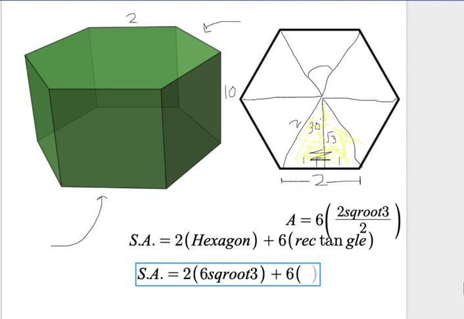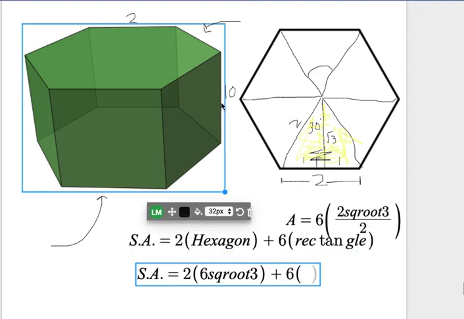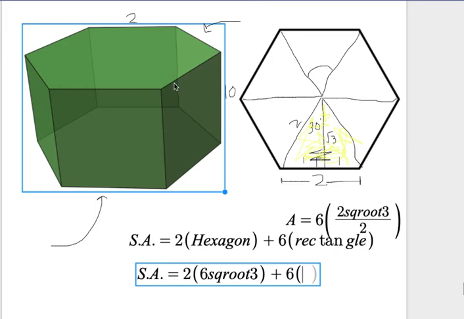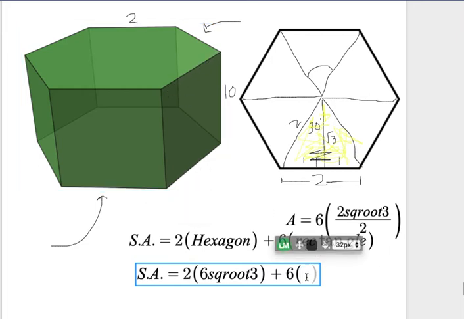Well, that one's actually super easy, which is nice. I just have to do 10, because that's the height, and then the base of that is going to be 2 down here. So it's 2 times 10.